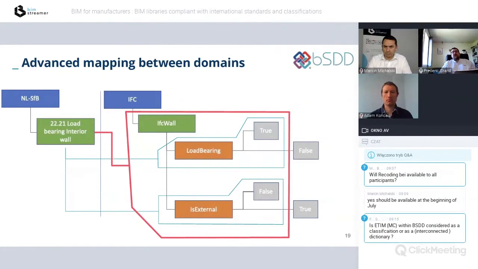So that's really advanced mapping tools that are provided by bSDD, which allow you, for example, you are in your BIM model, you can attach directly this code, and the other way around, if you have a BIM model with this classification code, you can check if this classification code is valid just by checking the values of the properties. So that's one of the use cases provided by bSDD, this way of advanced mapping between domains and between entities.